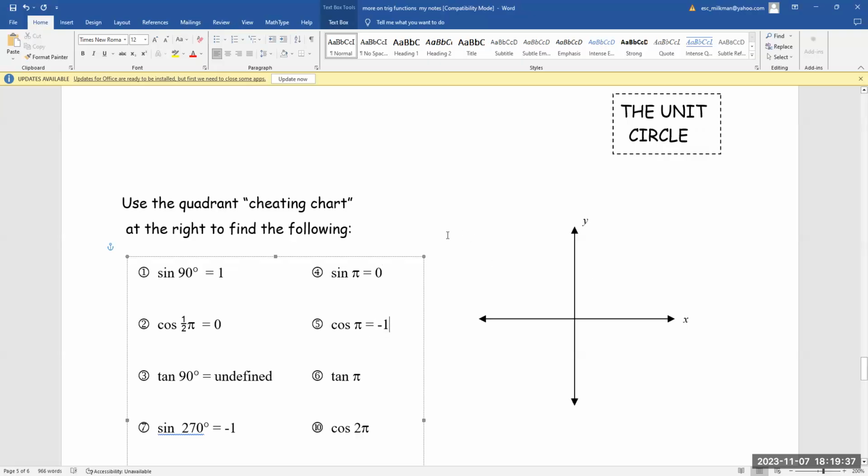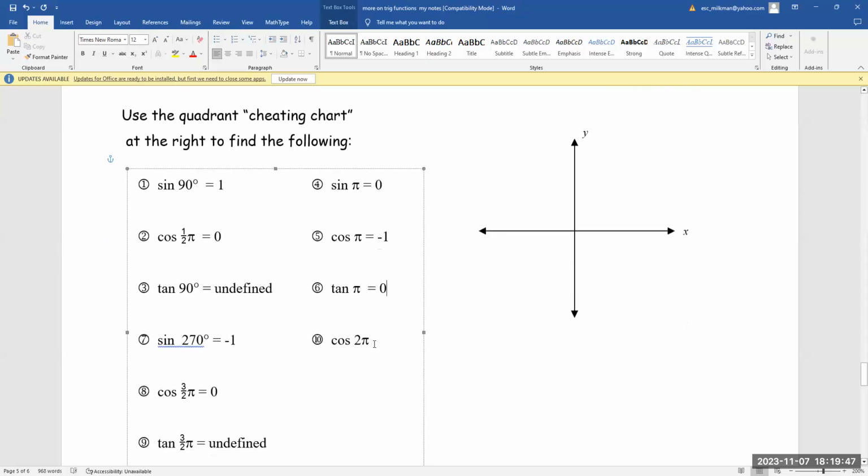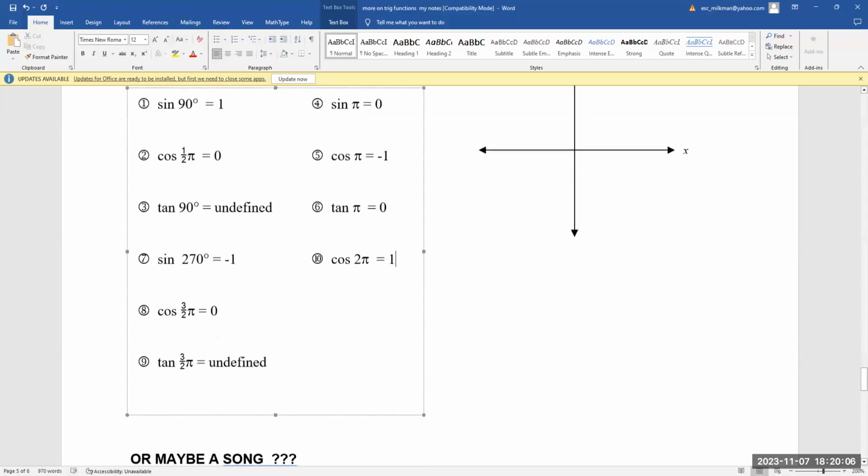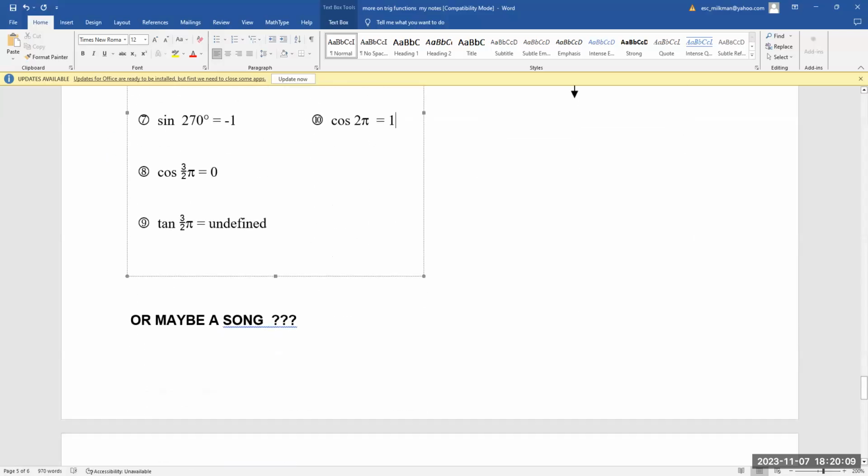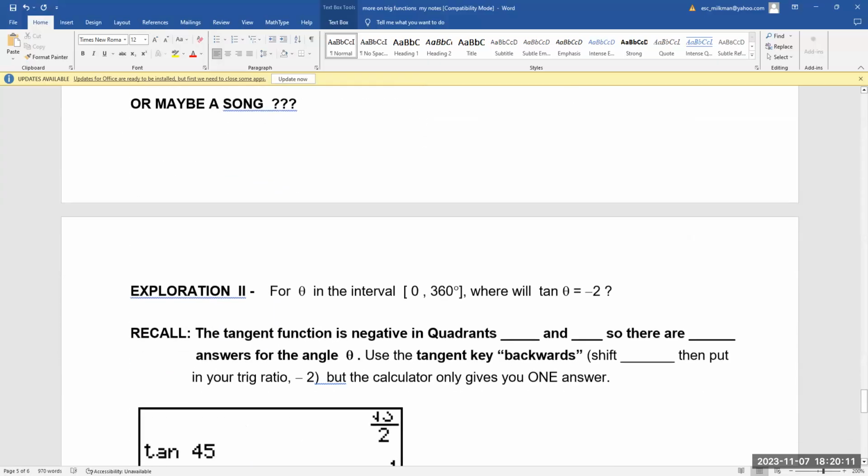The tangent is the sine divided by the cosine, and 0 divided by -1 is 0. The cosine of 2 pi radians, that's all the way around the circle. And what's the x value right here on your circle? It's going to be 1.